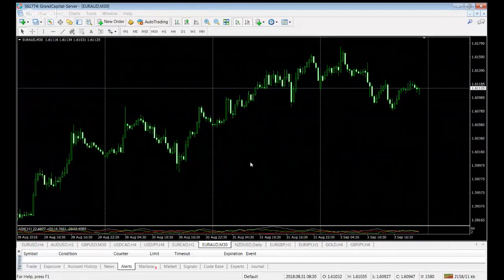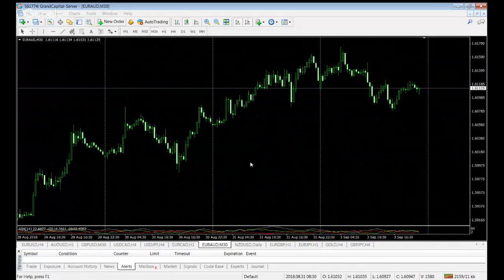So if you set one lot under a standard account, you are already buying 100,000 units of that particular currency. Under a micro account, setting one lot means you buy just 1,000 units of that currency.